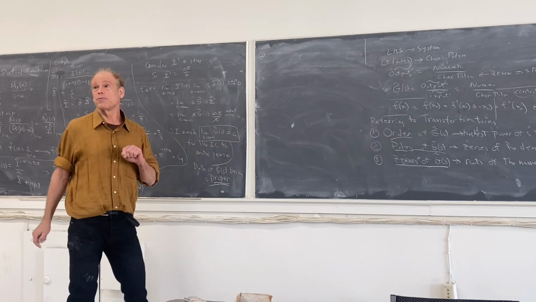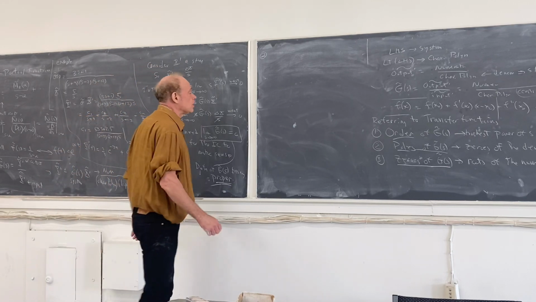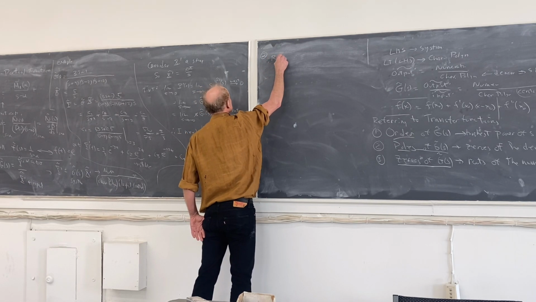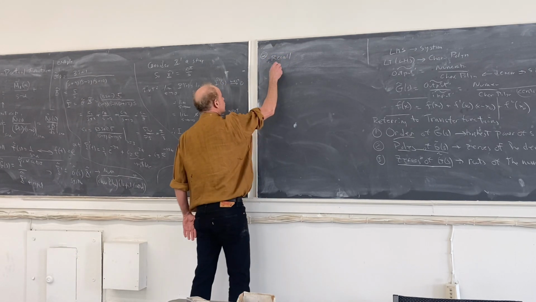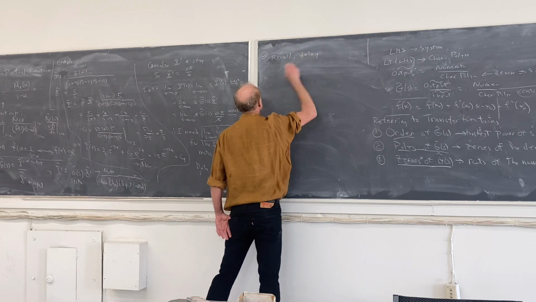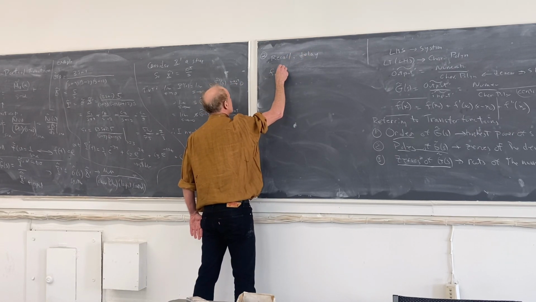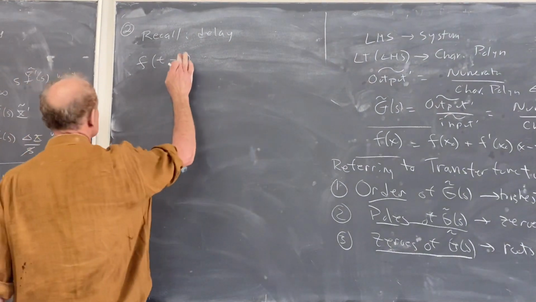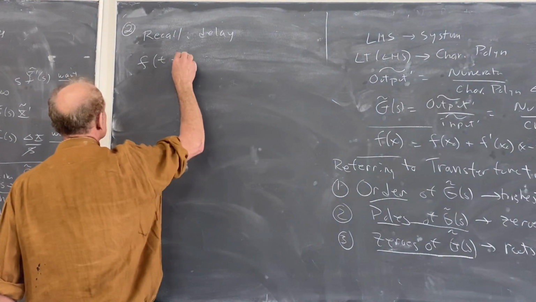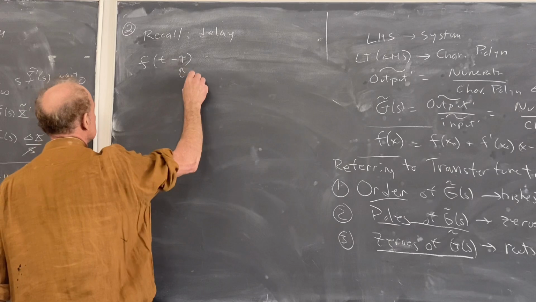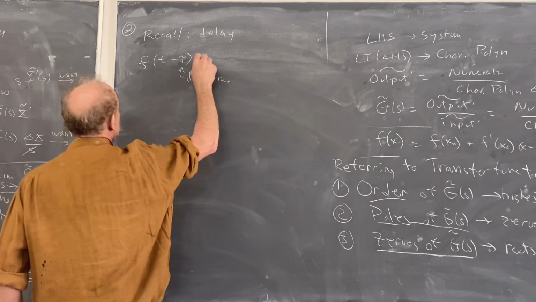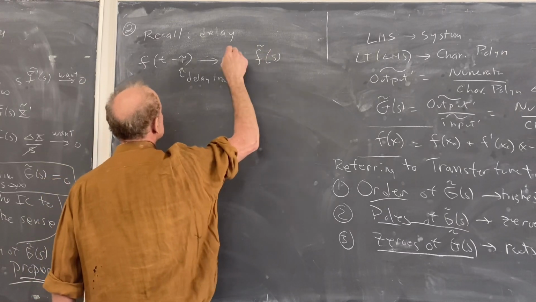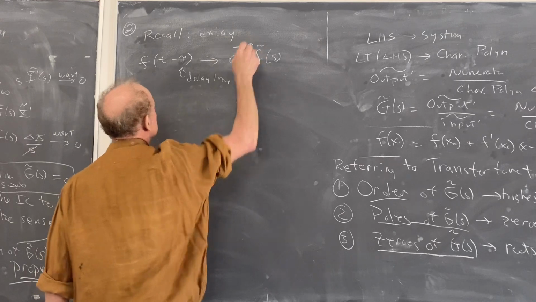Okay, so there we define the word proper. Next thing, we're going to notice, or recall, that when we have a delay, f of t minus tau, if I have delay time, then when I take the Laplace transform, I get f tilde of s times e to the minus s tau.